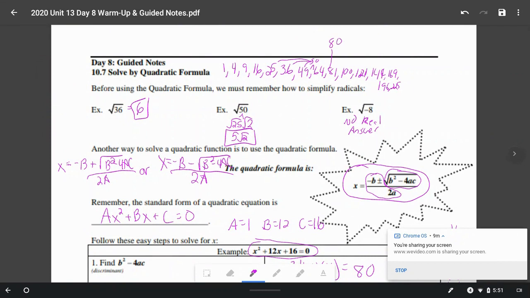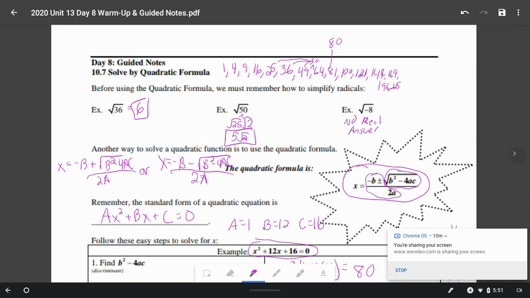So if I start dividing in my calculator, 80 divided by 64, that doesn't go into it evenly. 80 divided by 49, that does not go into it evenly. 80 divided by 36, that does not go into it evenly. 80 divided by 25 in my calculator gives me 3.2, that does not work.